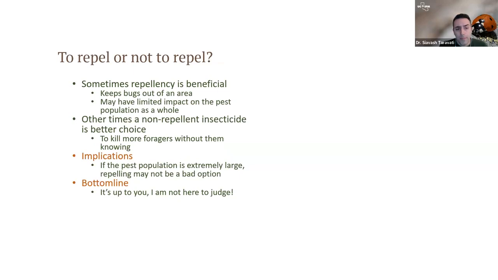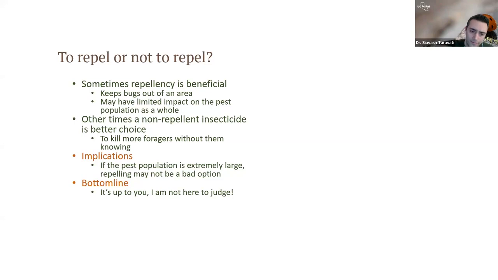So, to repel or not to repel? Sometimes I hear people saying it's better not to repel, let's use non-repellent stuff. Sometimes that might be true, but other times repellency is actually beneficial, keeps bugs out of an area, especially when you don't care what's happening outside the area of treatment.